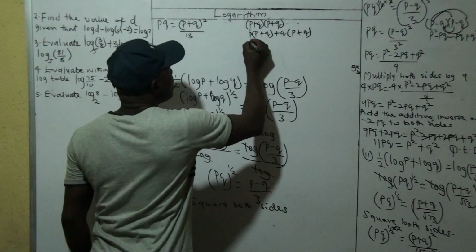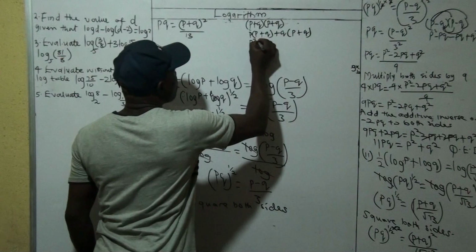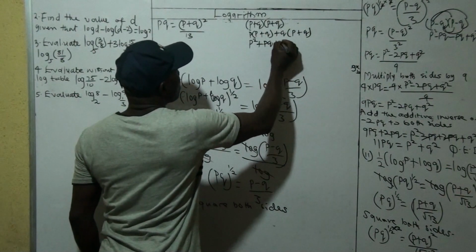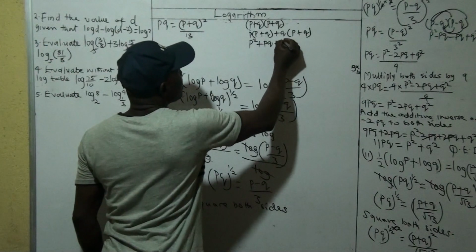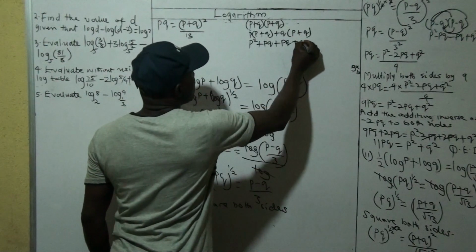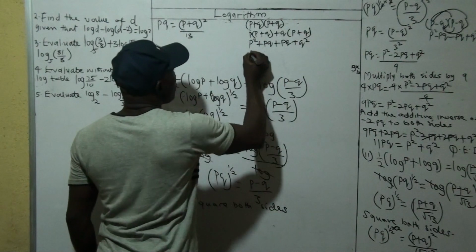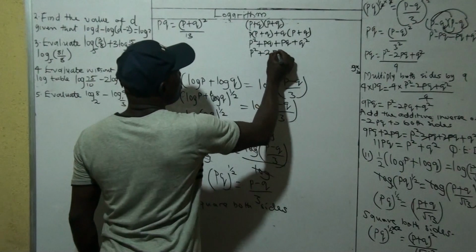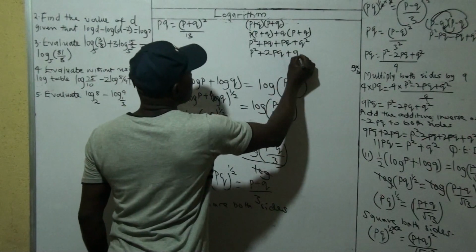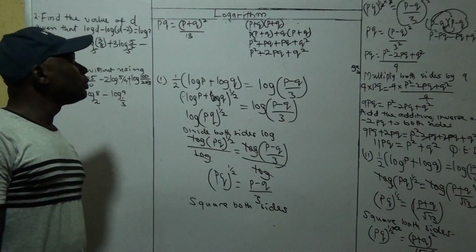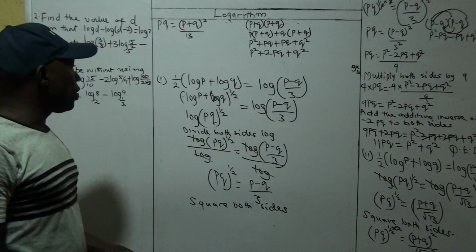So here we have p times p becomes p squared, p times q is pq, q times p is the same thing as pq, and q times q is q squared. So the expression becomes p squared, pq plus pq is 2pq, plus q squared. Okay?